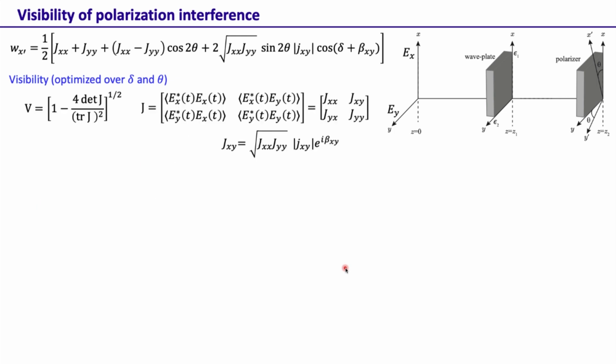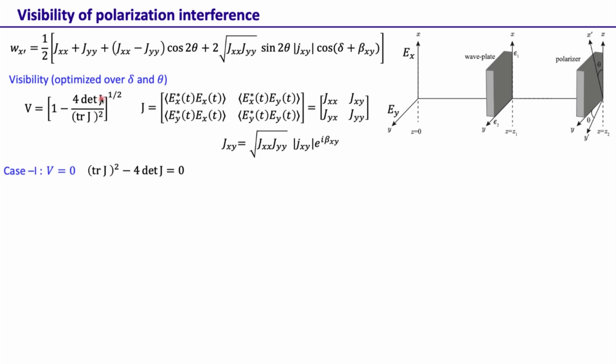Okay, so now that we have this visibility optimized over delta and theta, and this is the expression for that, let's look at the different extreme cases of this visibility. The first extreme case is when this visibility is equal to 0.